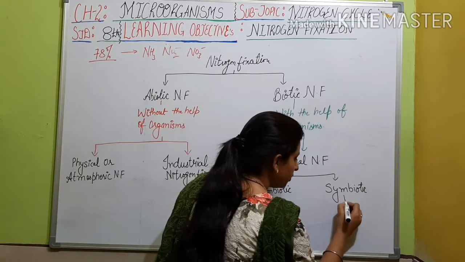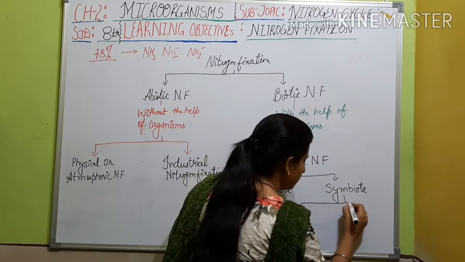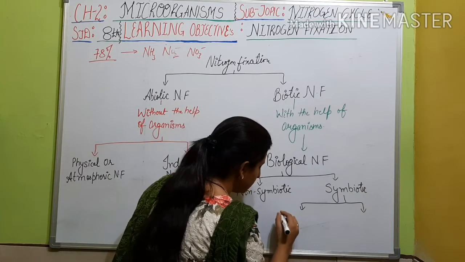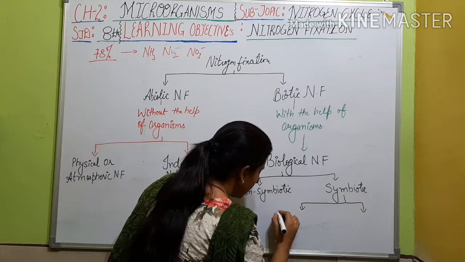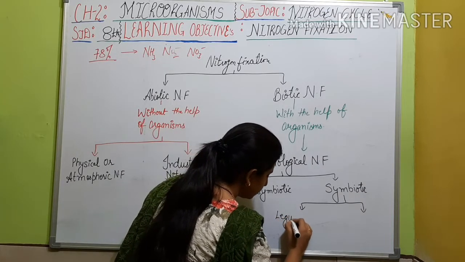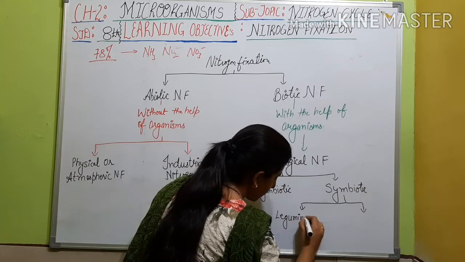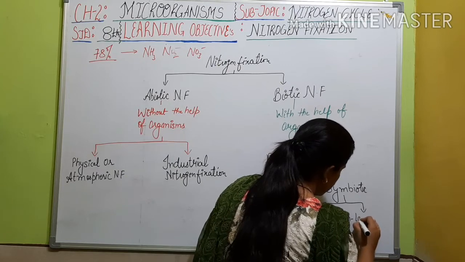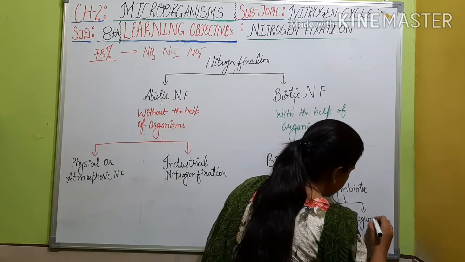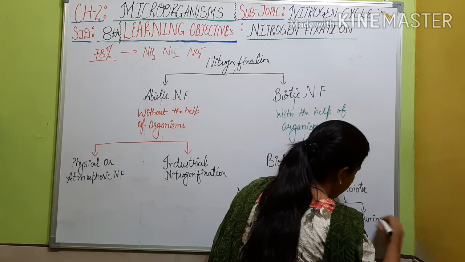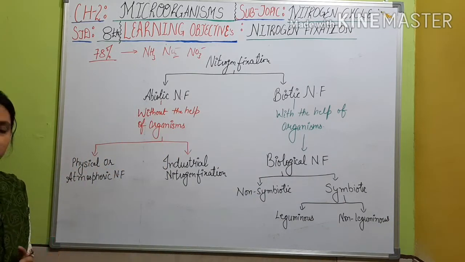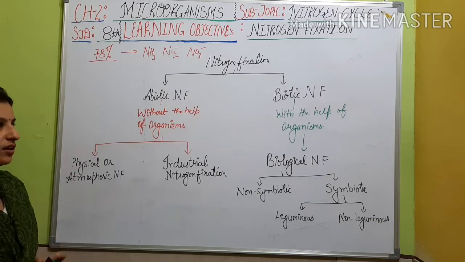Again, the symbiotic nitrogen fixation is divided into two parts, and that is with the help of leguminous plants and with the help of non-leguminous plants.